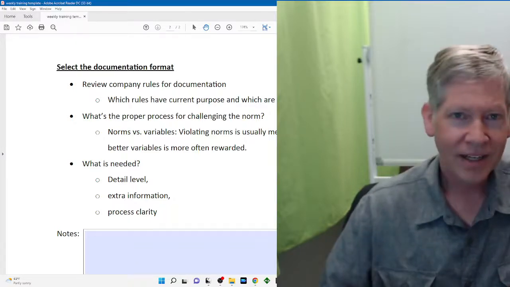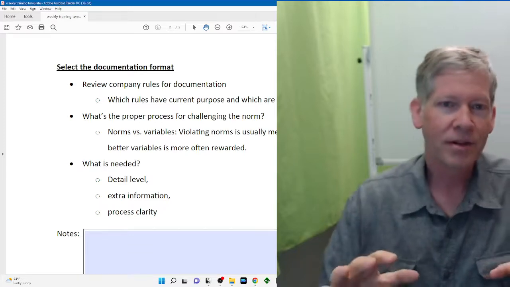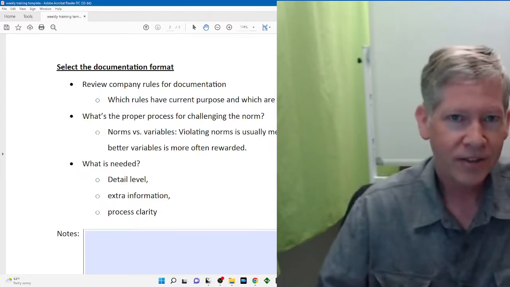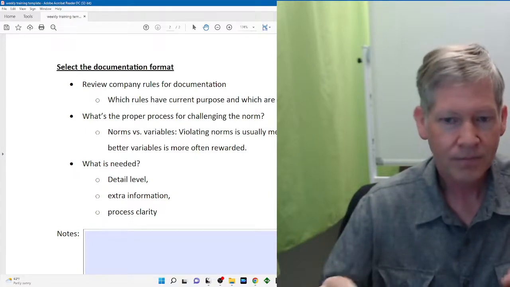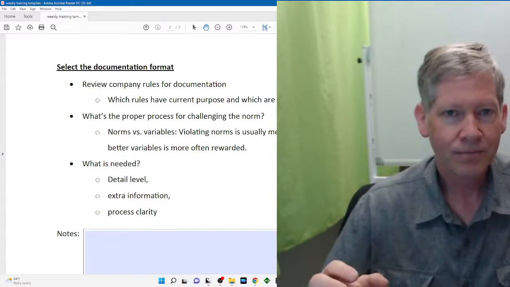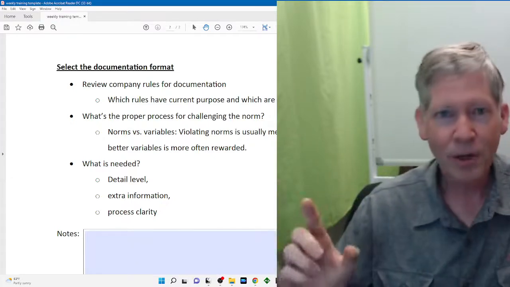When I'm talking about detail level here, I'm really talking about what the operator needs and what you feel manufacturing quality needs. For example, I don't have my whiteboard camera set up.